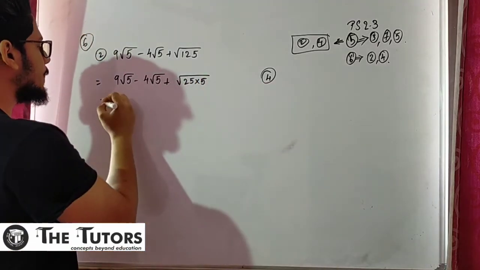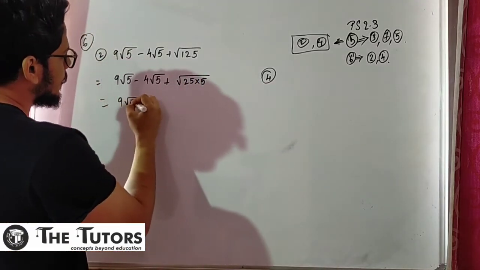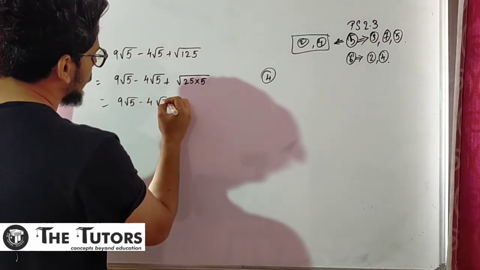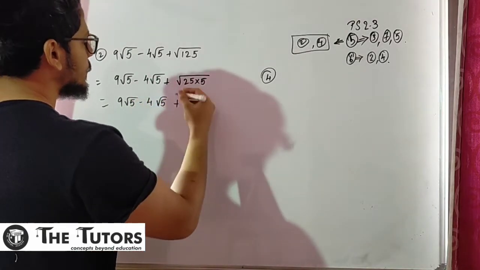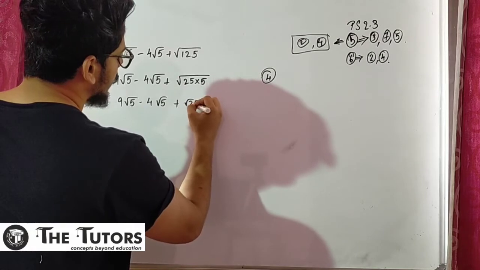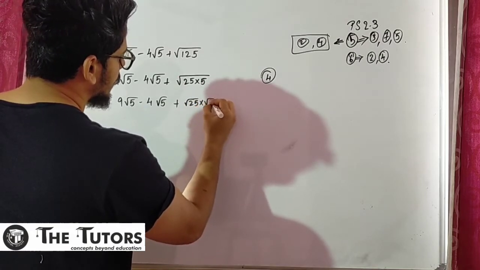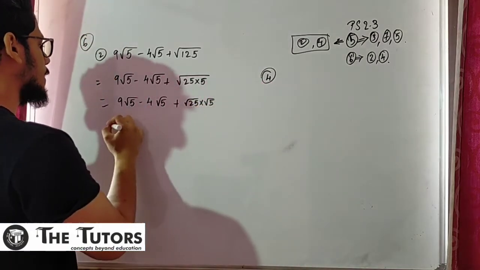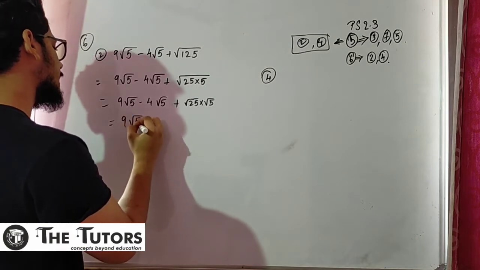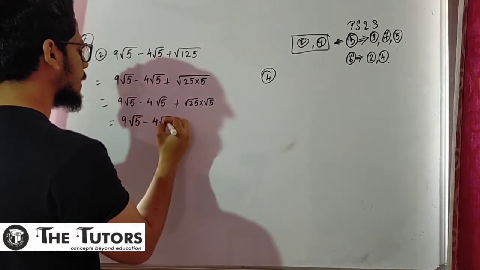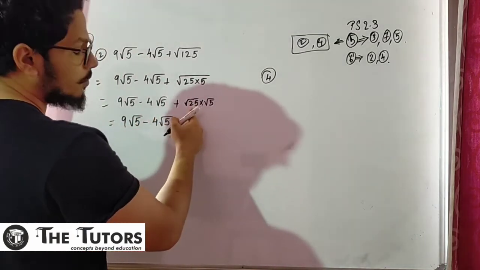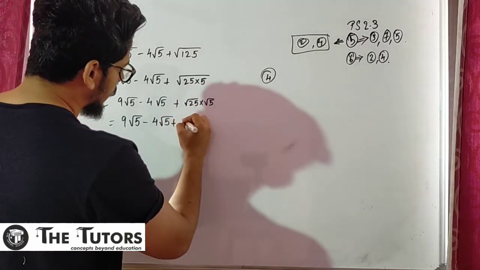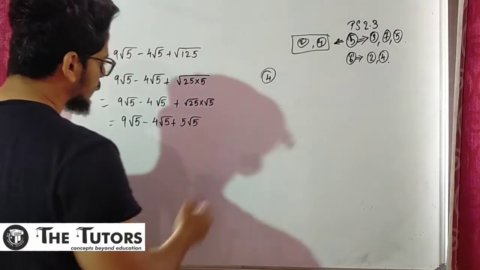So this can be written as square root of 25 into square root of 5. Then you can write this as 9 root 5 minus 4 root 5 plus square root of 25 is 5, which gives us 5 root 5.